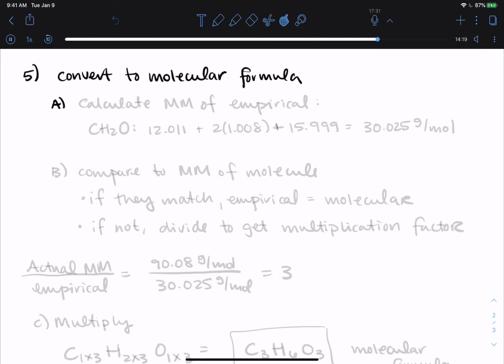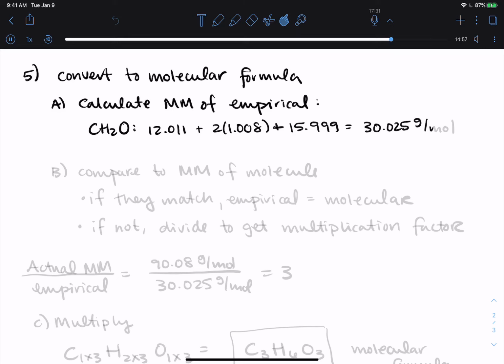The first is to calculate the molar mass of the empirical formula. So this is CH2O. So the molar mass of this would be 12.011 plus 2 times 1.008 plus 15.999, which is 30.025 grams per mole.